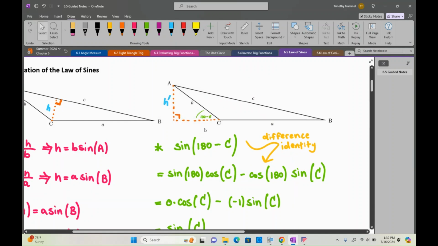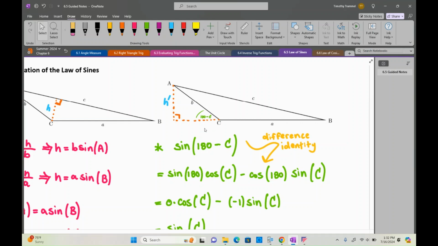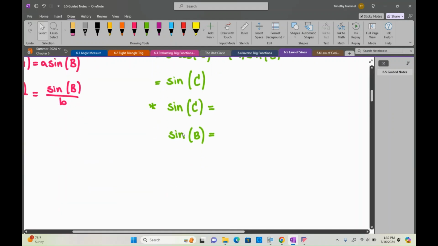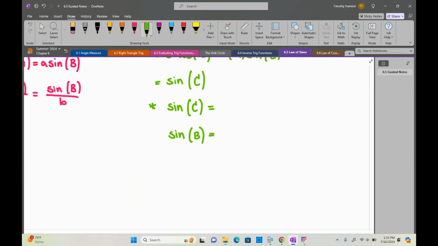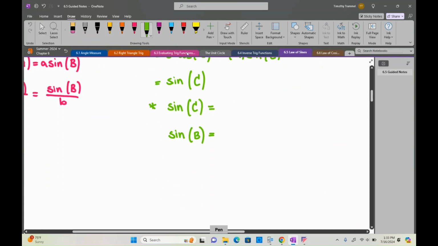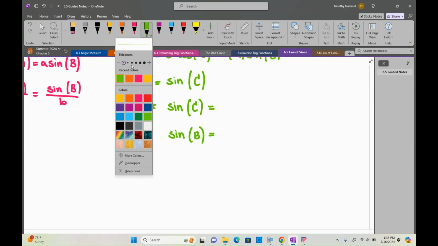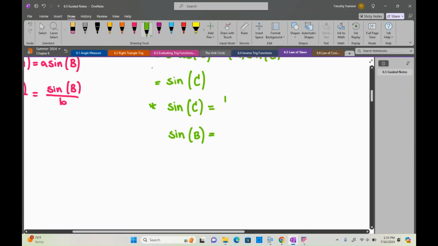So if we're trying to find sine of 180 minus C, we would like to take the opposite side and divide it by the hypotenuse. So the opposite side is h prime, and the hypotenuse is b. So we're going to have h prime over b here. Oh, and let me switch back to a bigger marker. Here we go. H prime over b.